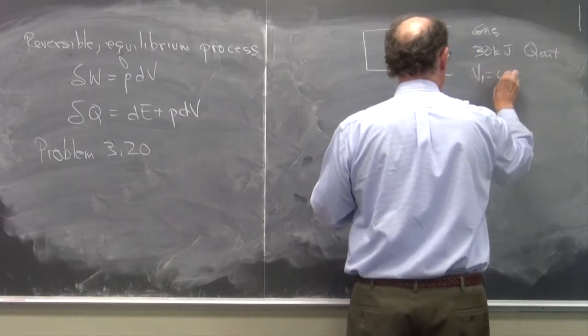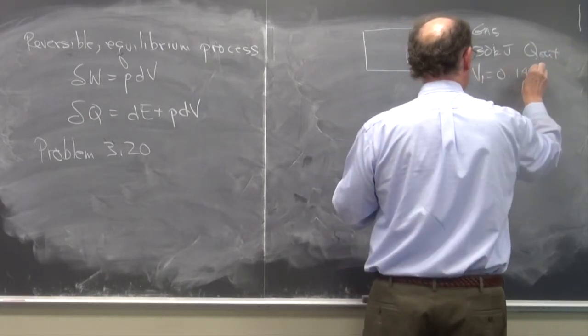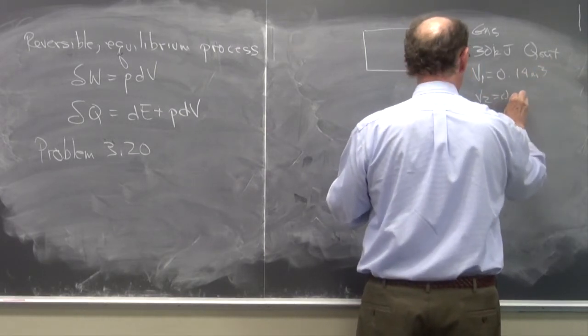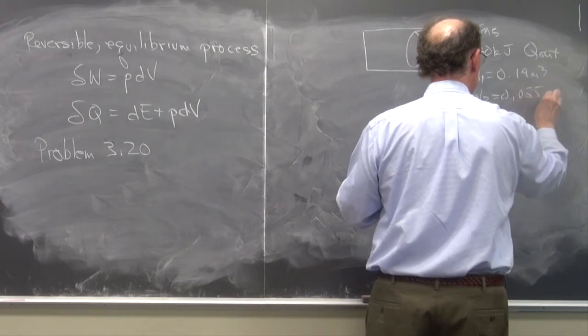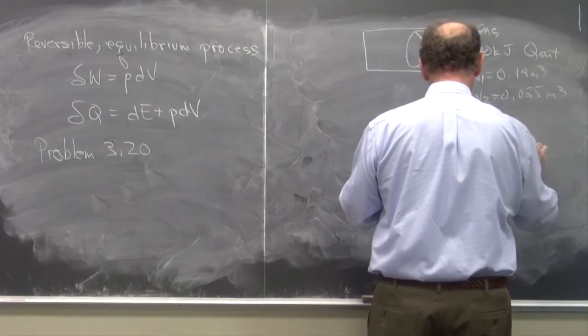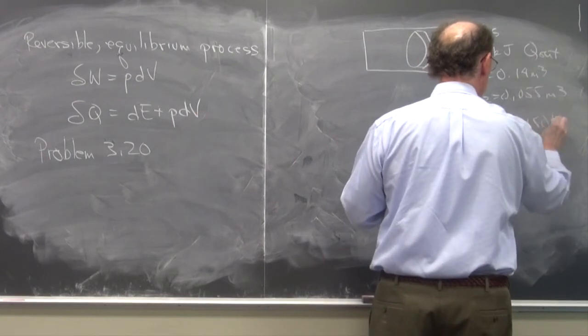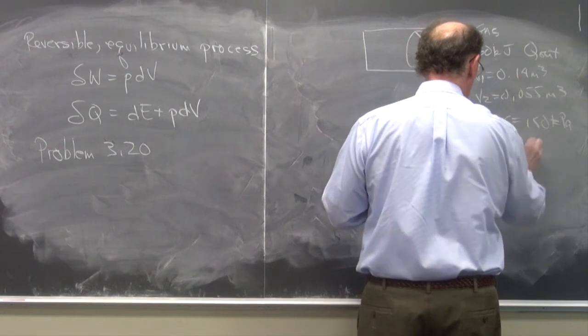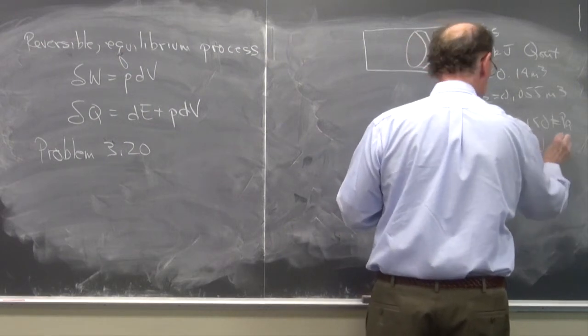V1 is 0.14 cubic meters. V2 is equal to 0.055 cubic meters. P is constant, equal to 150 kPa. I want to find delta U and W.